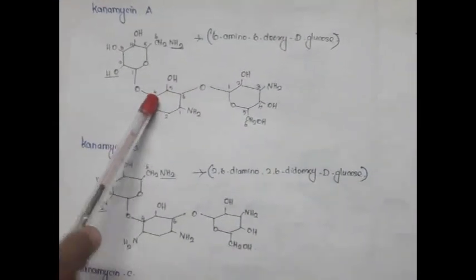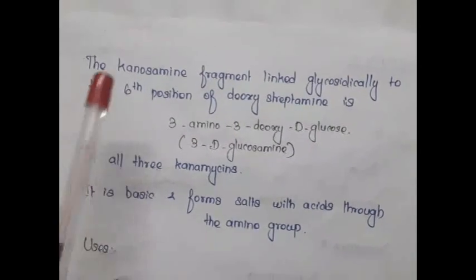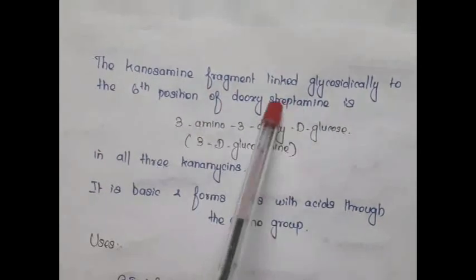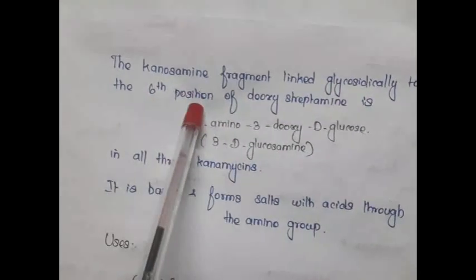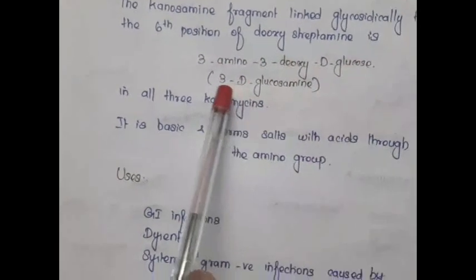In this central ring, the 4th position is attached to ring 1. That is the only difference. The fragment linked glycosidically to the 6th position of deoxystreptamine is 3-amino 3-deoxy D-glucose, otherwise 3-D-glucosamine, in all three Kanamycins. It is basic and forms salts with acids through the amino group.